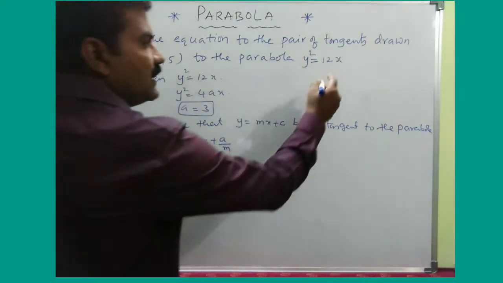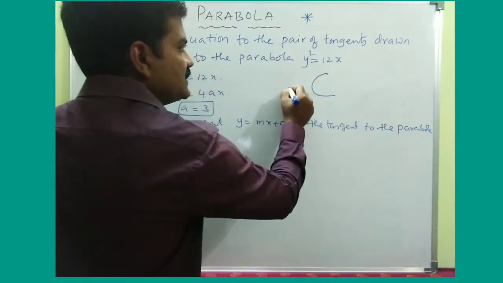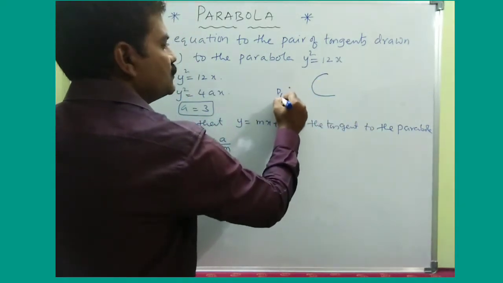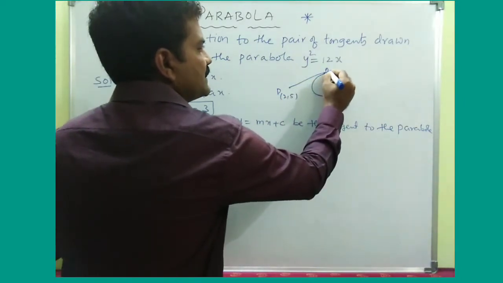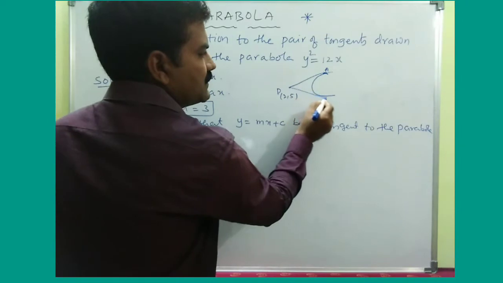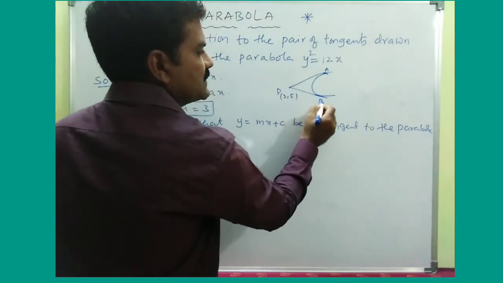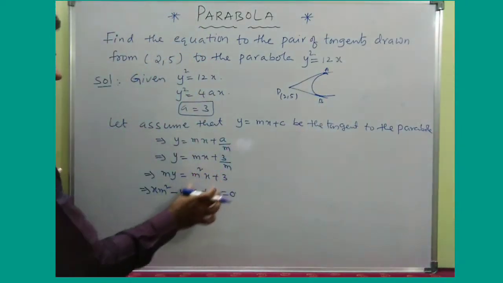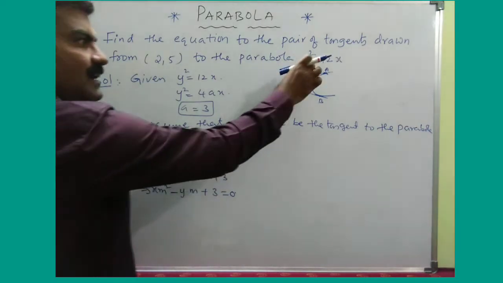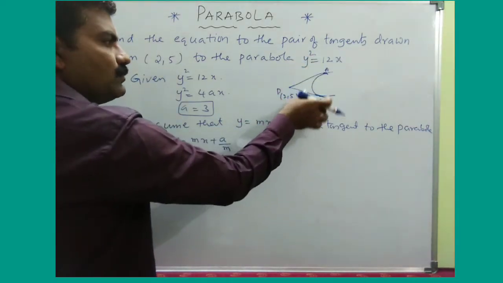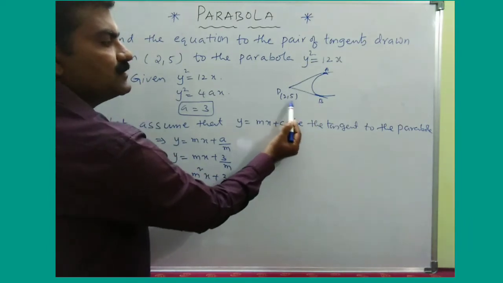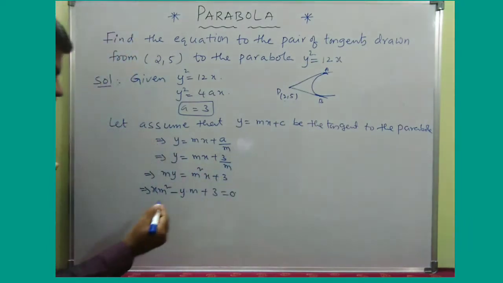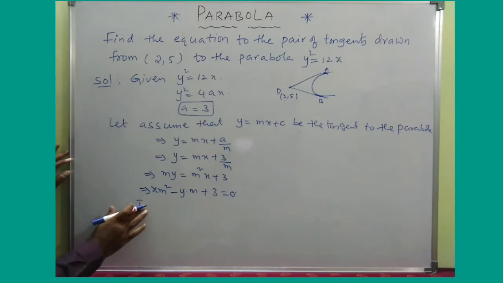But as per the concept, the story is this: the point P is somewhere here, (2, 5). Now PA is one of the tangents and PB is one more tangent. Whether it is PA or PB, definitely it must pass through the point P, (2, 5). So that is what I am writing here.